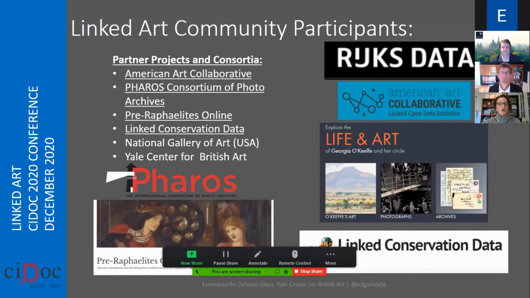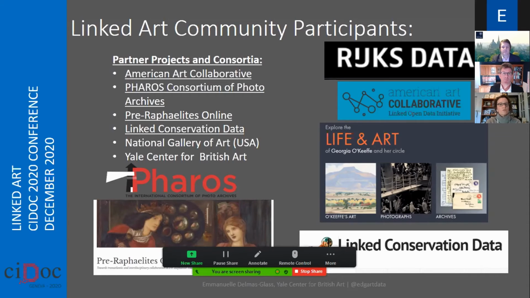In terms of the application of the linked art model, I've listed just a few of the projects that are currently using linked art or in the process of thinking and evaluating linked art. Certainly the American Art Collaborative, the blue logo on your right, has been one of the earliest partners in this initiative.